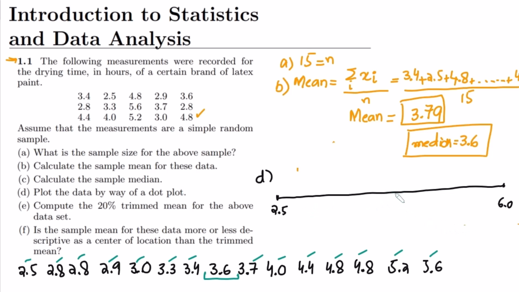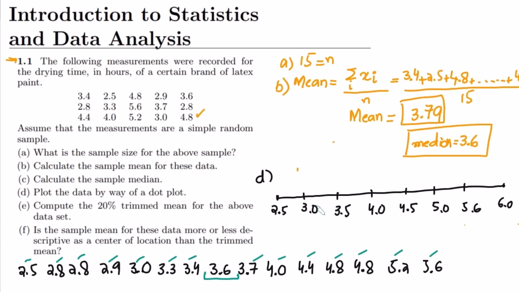From 2.5, let me have 3.0, then 3.5, then 4.0, 4.5, 5.0, and here 5.5. So we have these ranges here.